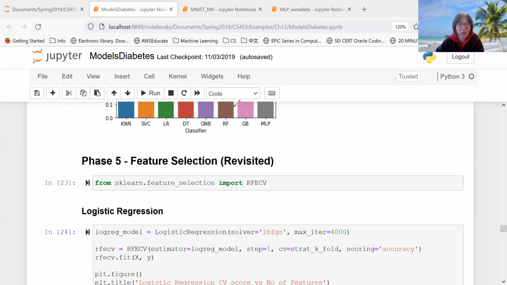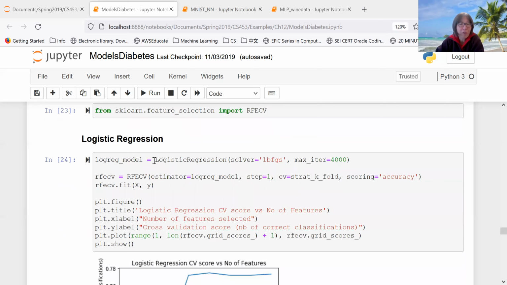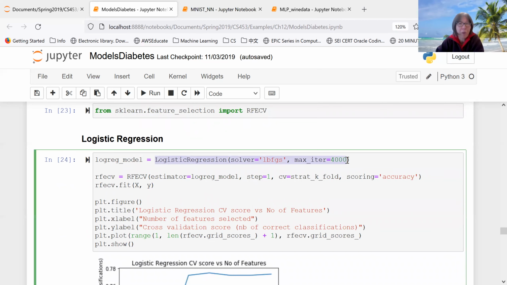So let's see, how do we use this? Here it's regarding logistic regression, and for this logistic regression, the solver is to pick LBFGS. Then for the feature selection, you just plug in the training model as the estimator and feed it to the RFECV.